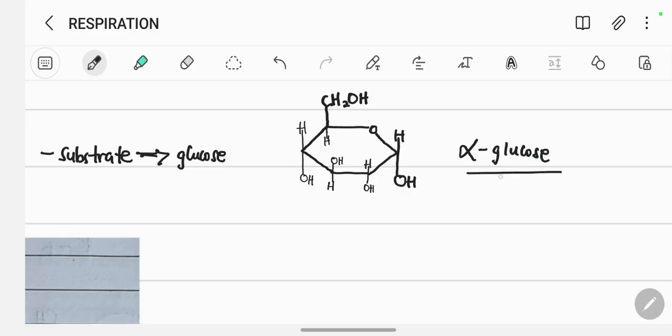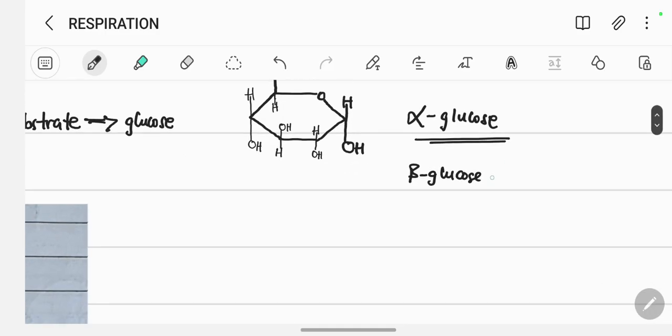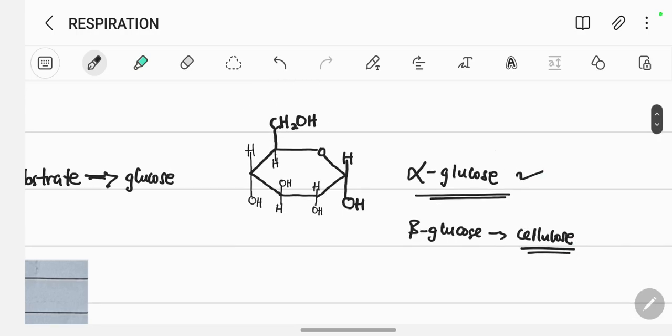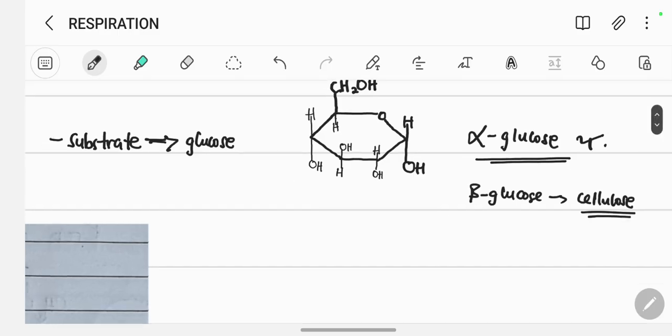So you know very well that beta glucose is found in cellulose, and for us human beings and some other organisms are lacking cellulase that is going to break down this cellulose. So it's better we look at alpha glucose.